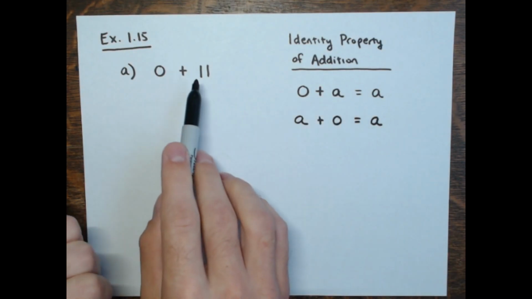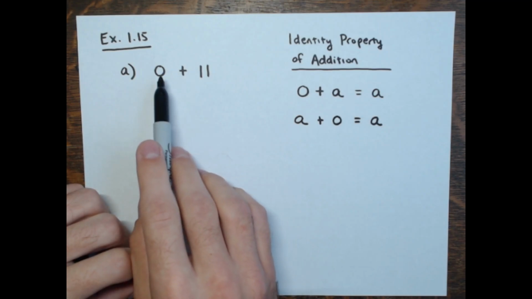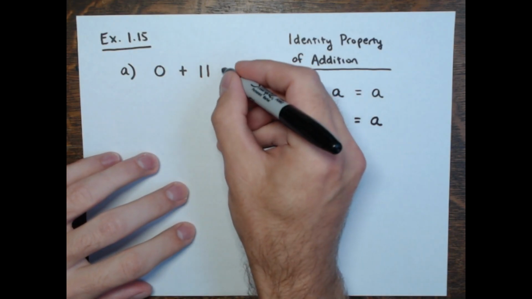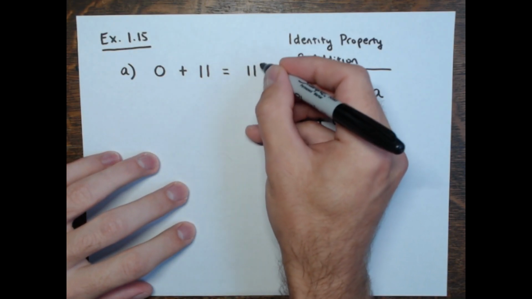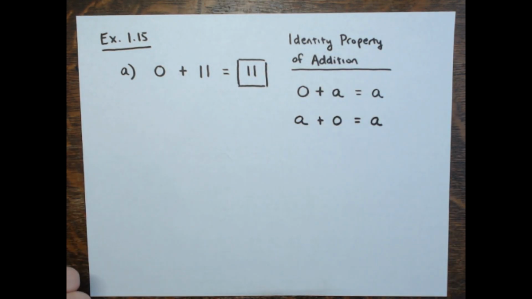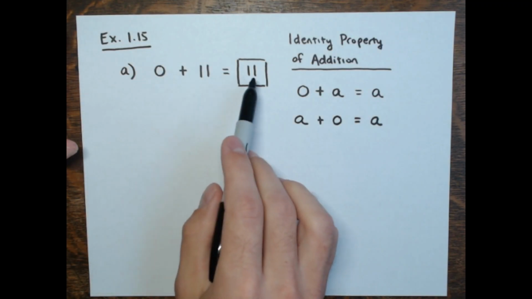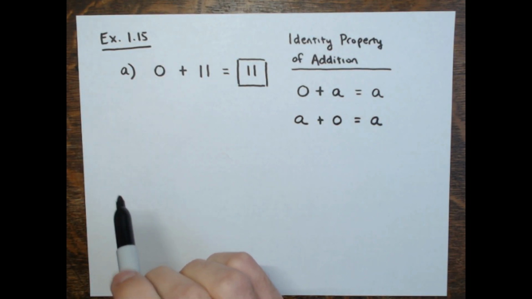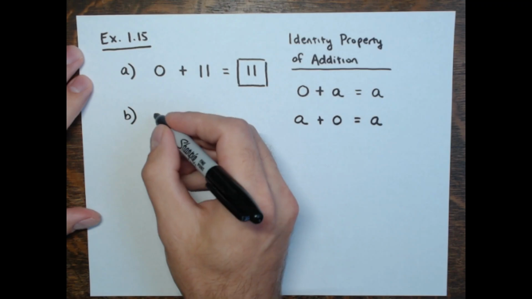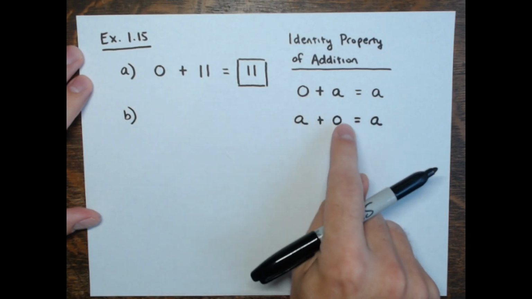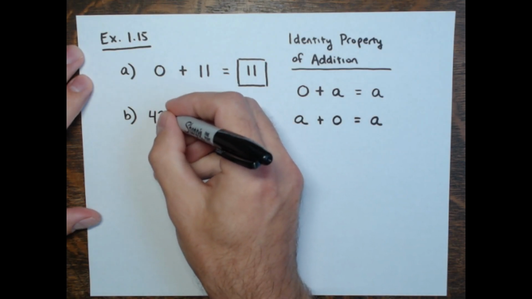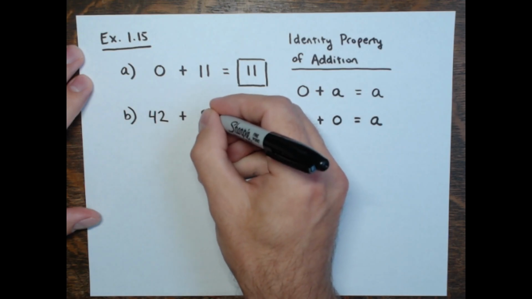So if I have 11 blocks and I add to it 0 blocks, that doesn't change the number of blocks. You still have 11 blocks if we were using our models. So 0 plus 11 is 11. In part B, another sum where 0 is one of the addends. 42 plus 0.